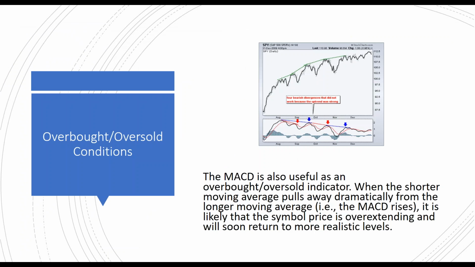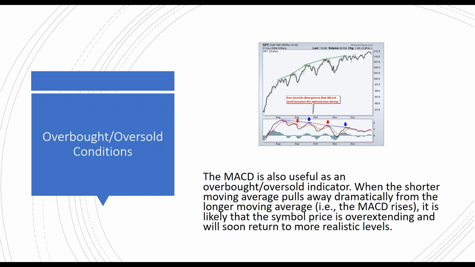Now also, MACD will give you overbought and oversold indicators. When the shorter moving average pulls away dramatically from the longer moving average, in other words, the MACD rises, it is likely that the symbol price is overextending and will soon return to more realistic prices.